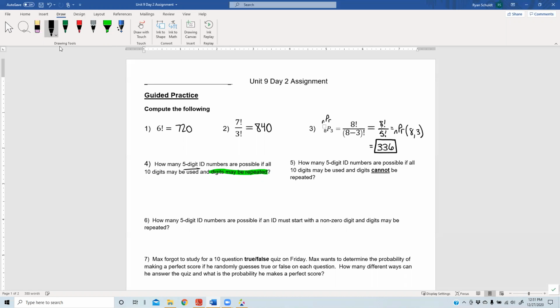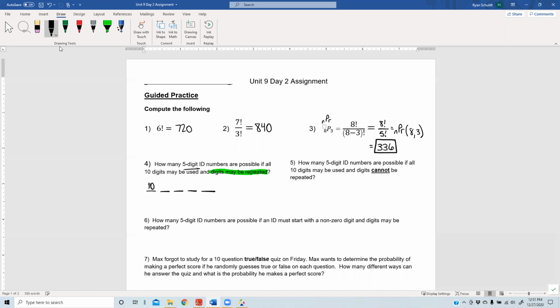There's 5, so let's draw 5 blanks. 1, 2, 3, 4, 5. Now, we're just using the 10 normal counting digits. So 10 for the first option. Now, they tell us we can repeat digits. So we can have an ID number that's 66666 if we wanted to.